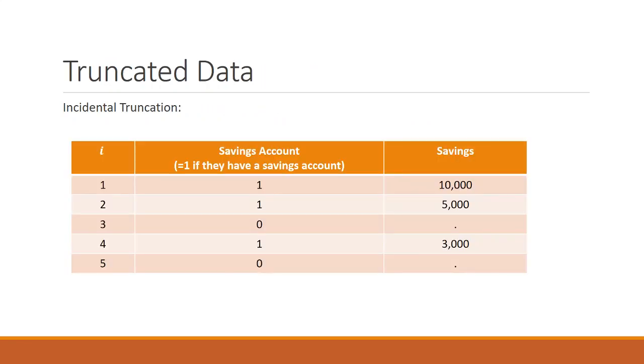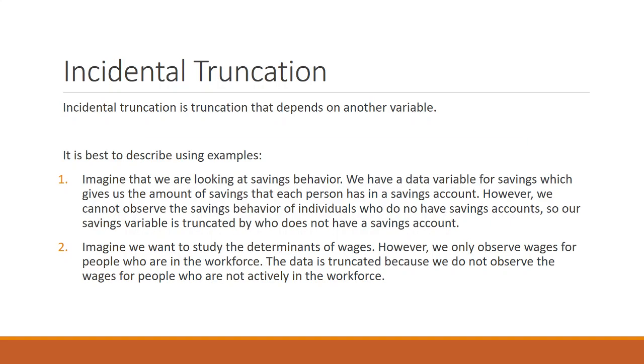I talked about savings in our censoring data lecture. All right, so imagine we're looking at savings behavior, and we want to study what are the factors that affect people's savings behavior, but to study savings behavior, we are looking exclusively at savings accounts.